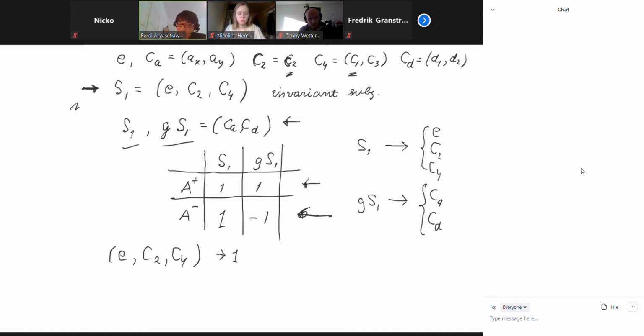And then I can take the CA and CD and represent them with -1, because these elements are associated with GS1, and GS1 is represented by -1. So we can use the same representation for these elements.